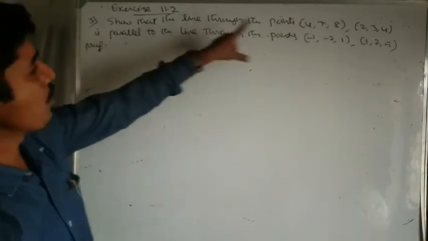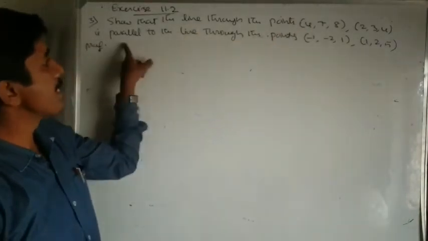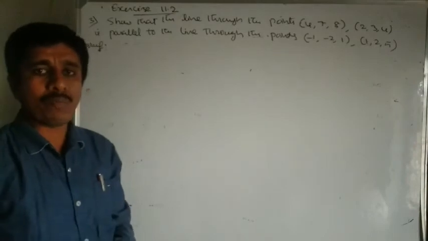Show that the line through the first and second points is parallel to the line through the third and fourth points.